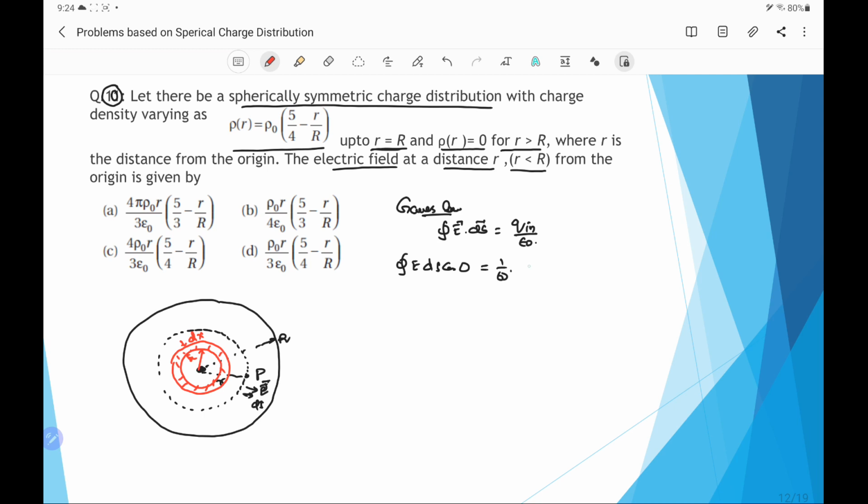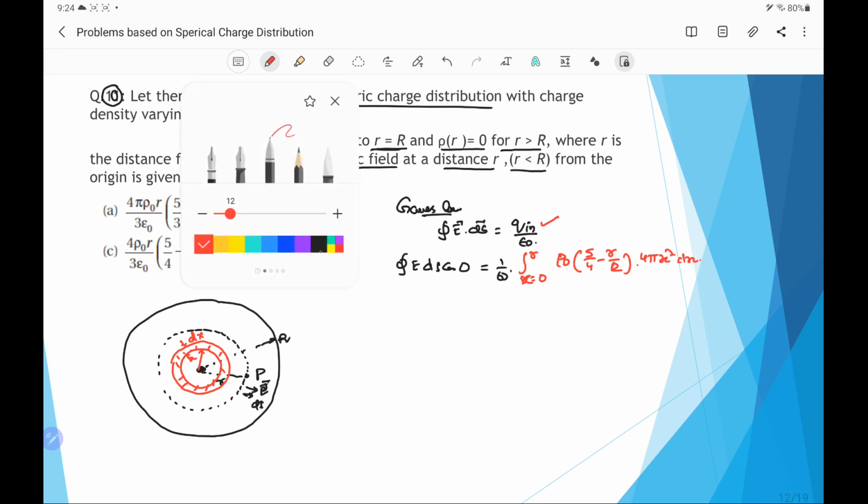So using this, we can write the charge enclosed as the integral from x equal to 0 to r, because we have taken x as a variable radius, of the charge density, that is rho r, which is rho 0 times 5 by 4 minus r by capital R. This is the charge density, multiplied by the volume of the elementary shell, that is 4 pi x square dx.